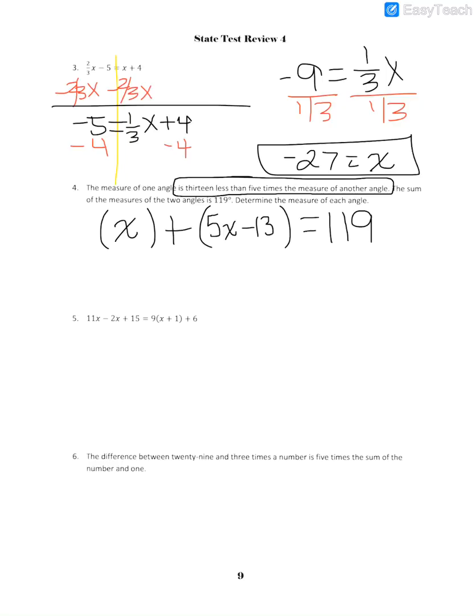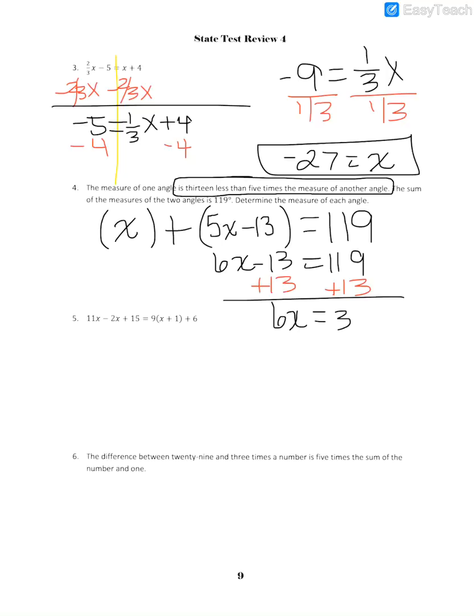Okay, so now I'm going to combine like terms. I'm going to add my 13. 6x equals 132. Divide by 6. Equals 22.